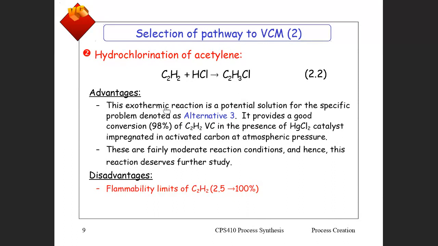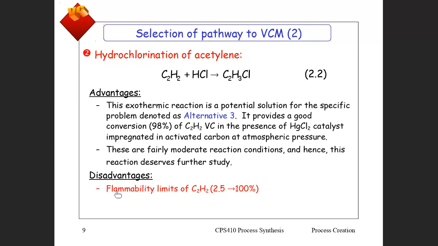The advantages: it provides a good conversion of acetylene, 98% conversion. Vinyl chloride in the presence of a mercury catalyst impregnated in activated carbon at atmospheric pressure. So really simple, and these are fairly moderate reaction conditions, hence this reaction deserves further study.